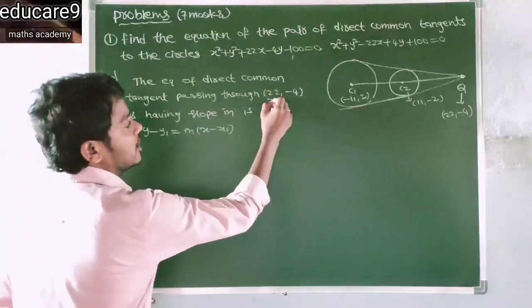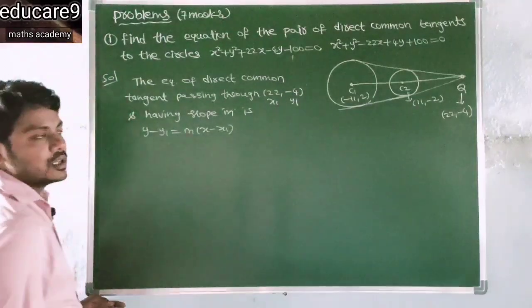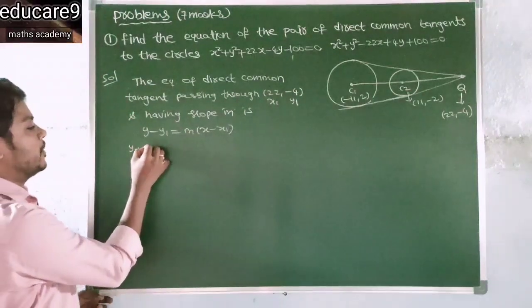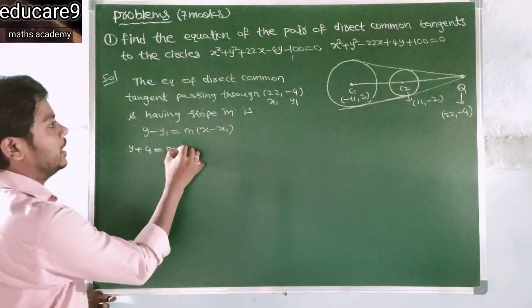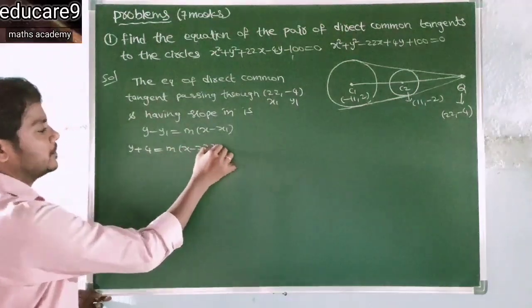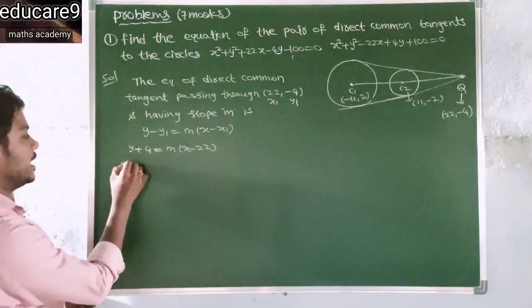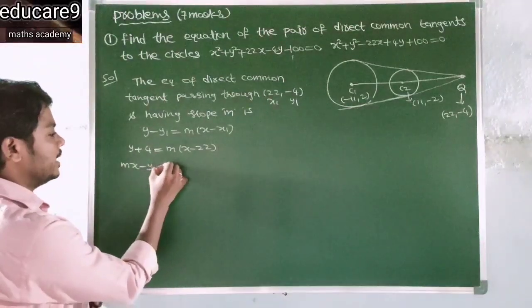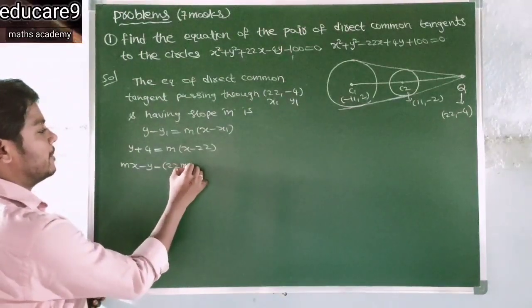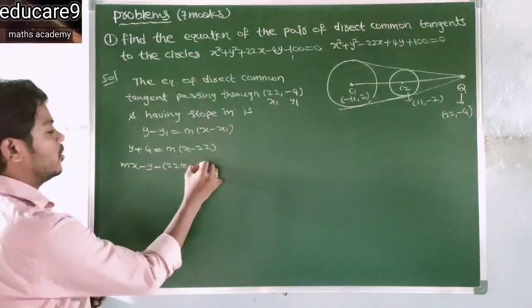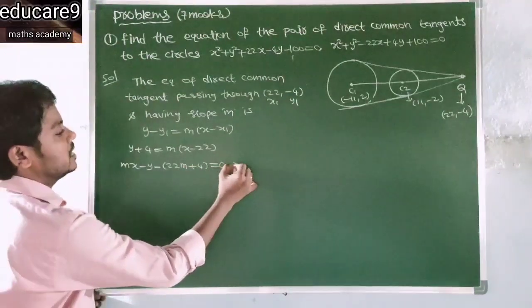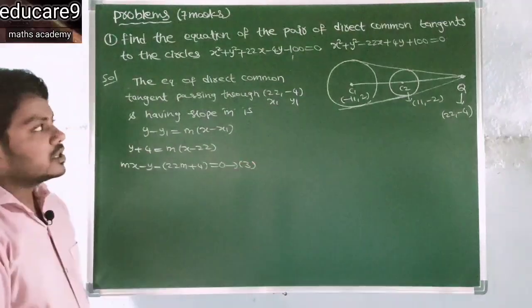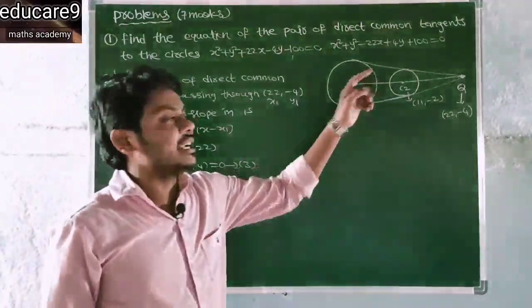So this is x1 and this is y1. So clearly that is y plus 4 is equal to m into x minus 22. So this is mx minus y minus of 22m plus 4 is equal to 0. This is equation 3. So clearly this is the tangent line.